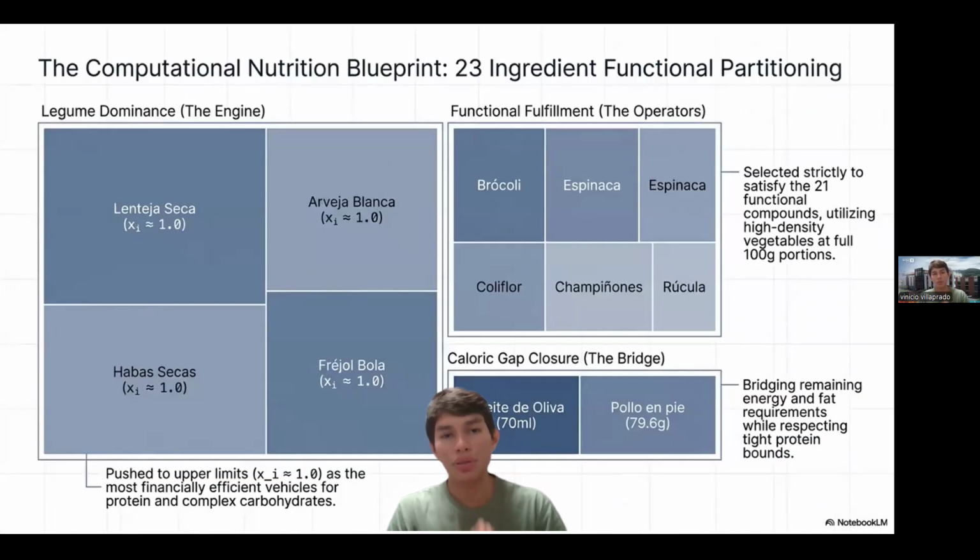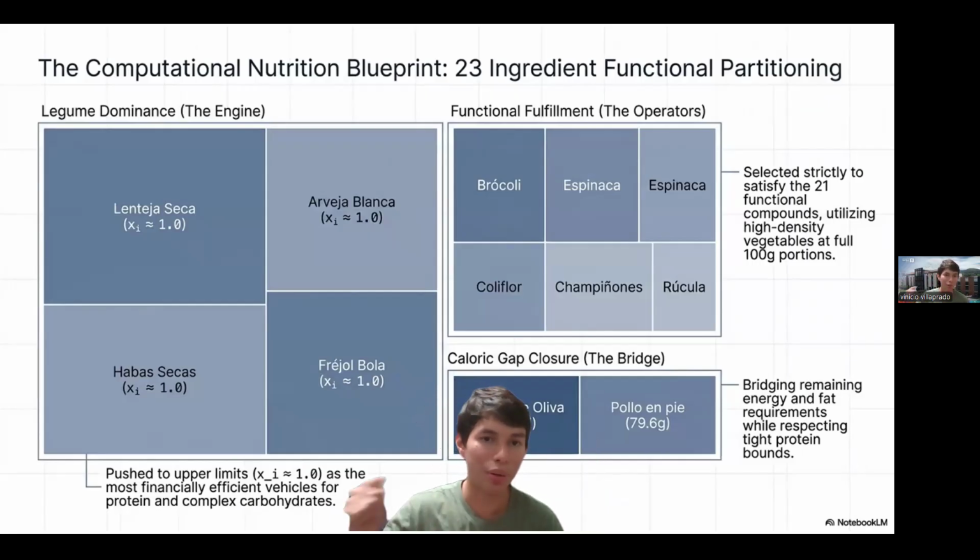Now we analyze the result that the program gives us. It has a legume dominance. The main elements that help me meet the protein and carb requirements are lentils, peas, and beans.